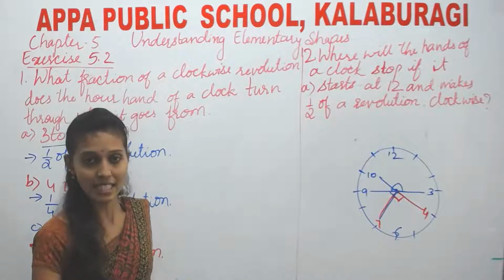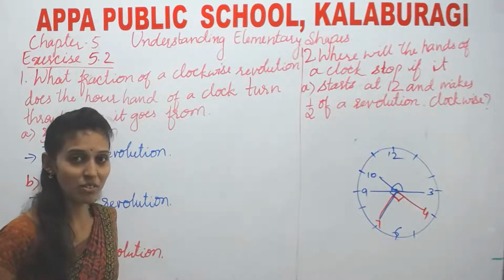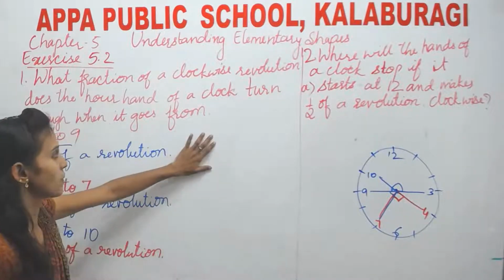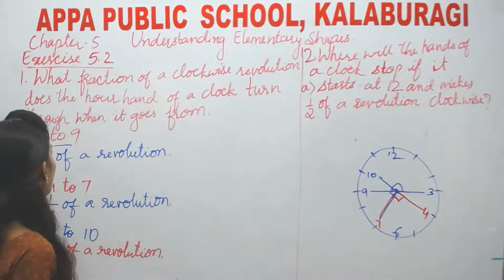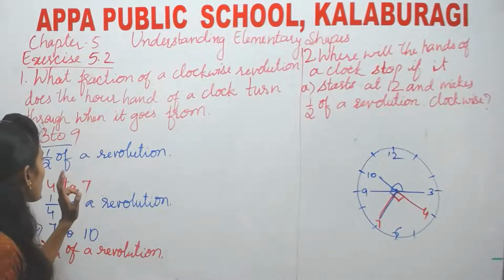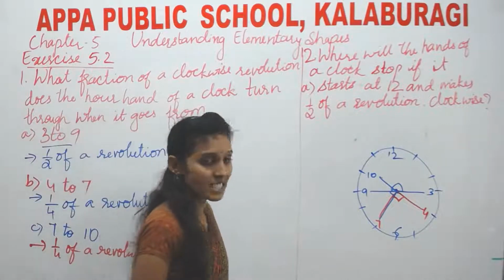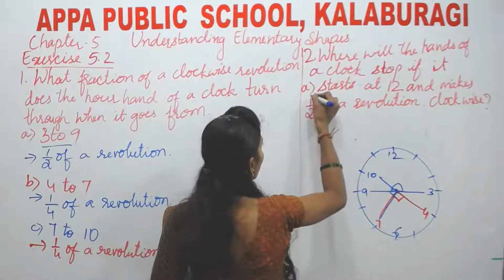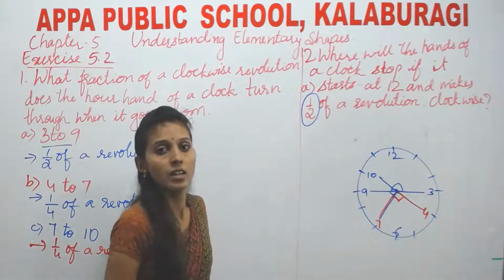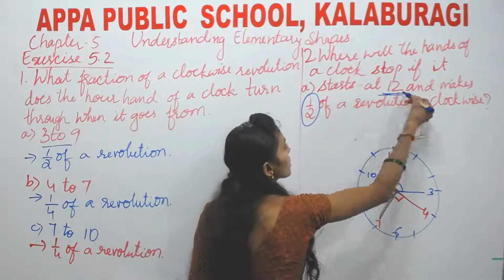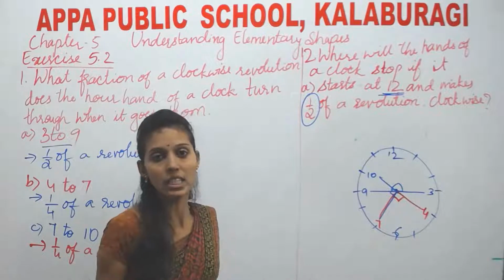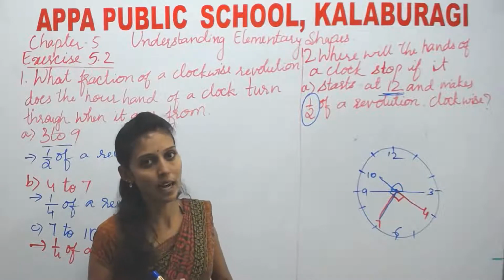Come on. Next. See how it related. In the first bit, they have given from where to where. We had to write the part of revolution. Now, in the next bit, they have given the part of revolution. From where it started also given. Where it will reach, that we have to write down.